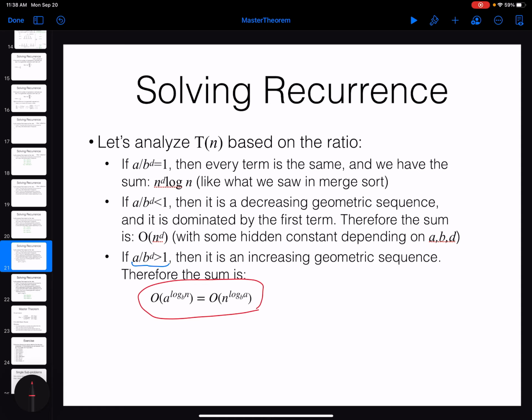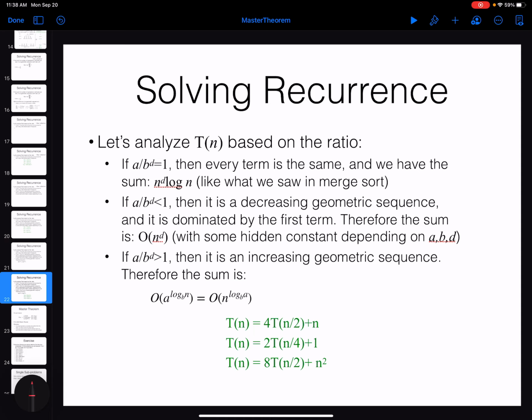Some examples of this: all these relations will fall in the third case. For example, in this case, the value of a is 2, the value of b is 4, so a divided by b to the power of d, you know the value of d is 0, that's n to the power of 0, which is equal to 1. So the ratio will be 2 divided by 1, which is 2, greater than 1.